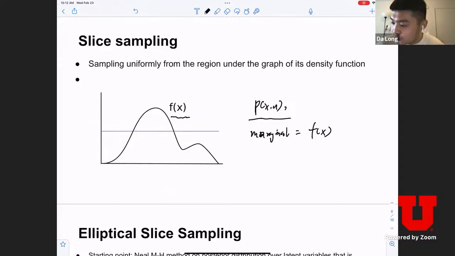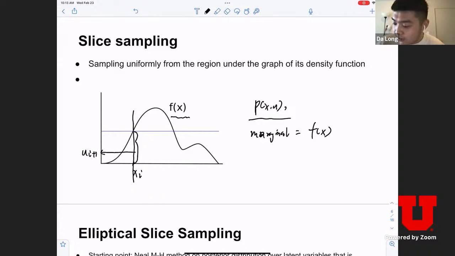Let's assume our current sample is here, x_i. And now we want to sample the u. So you just go through x_i and make a slice here. And the u region is this line. And you want to do a uniform sample from this line. And let's assume that we get the u here.